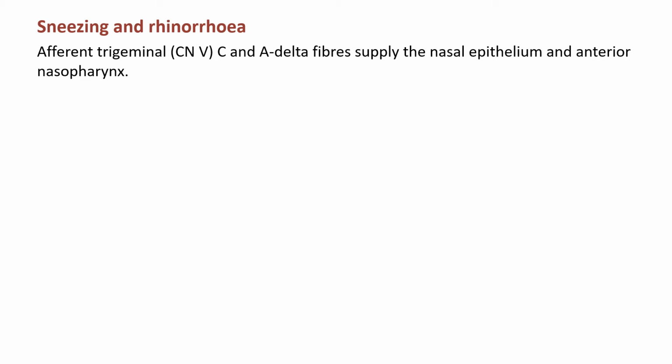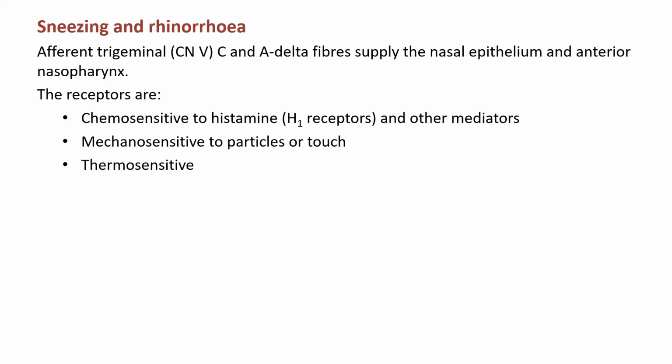So we have the trigeminal nerve. The trigeminal nerve is mainly sensory. It has C and A delta fibers. These A delta fibers innervate the nasal epithelium and the anterior nasopharynx. So there are sensory nerve endings. The receptors for these, we have chemosensitive ones.